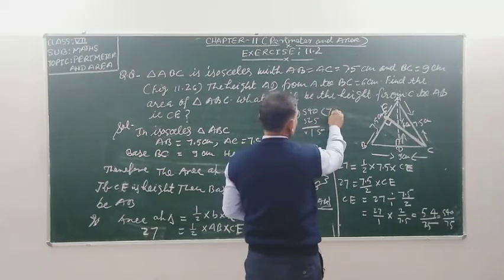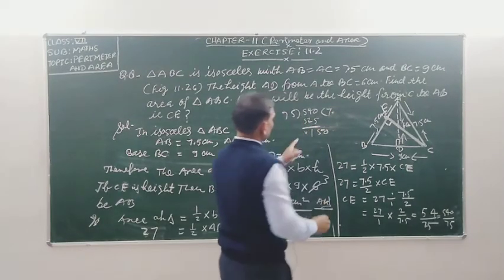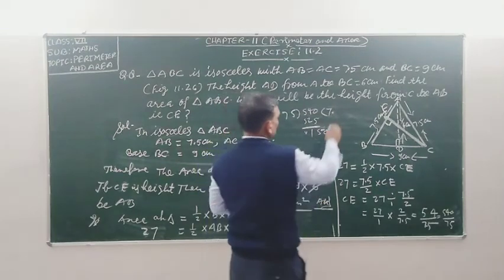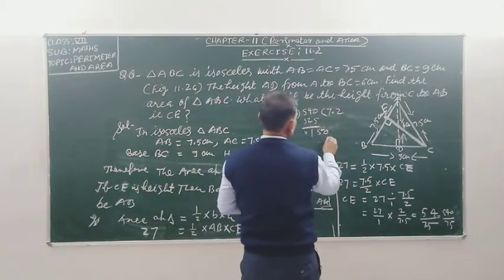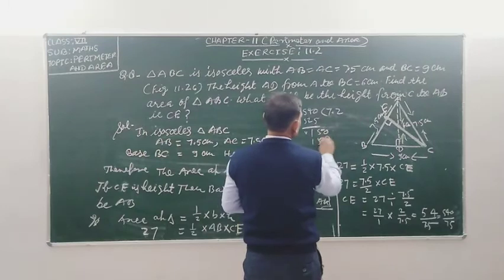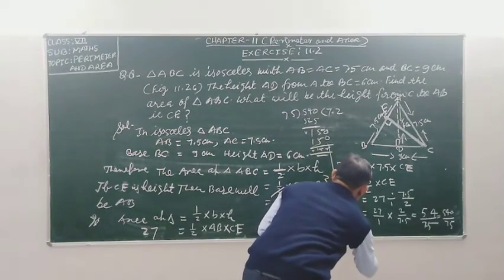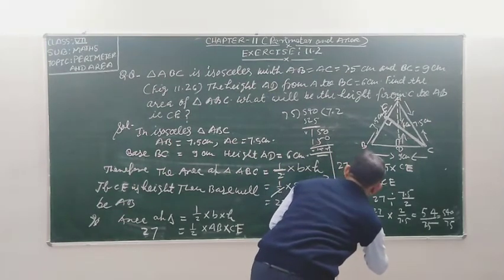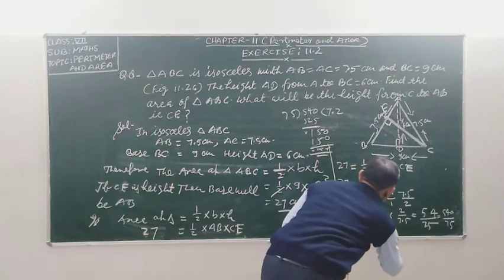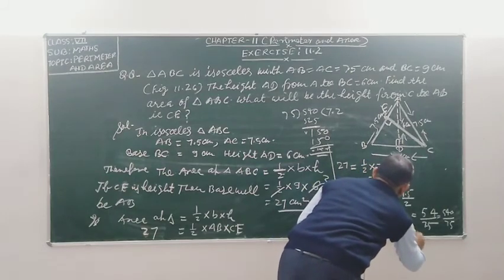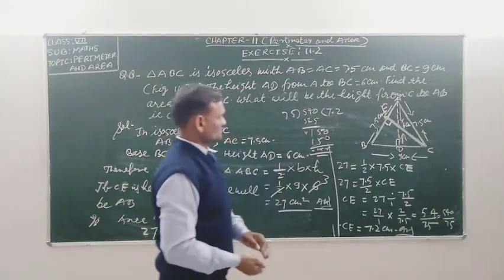This is point and 0, 150, 2 fives are 10, 2 sevens are 14, 1 is 15. So we get 7.2. So the length of CE is equal to 7.2 centimeter. This is my second answer of the question.